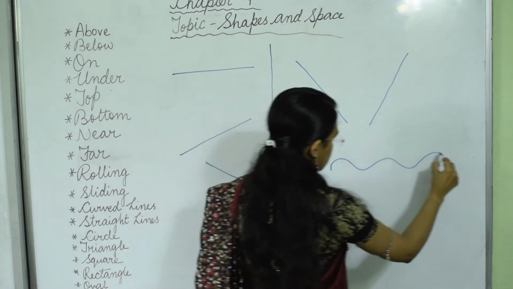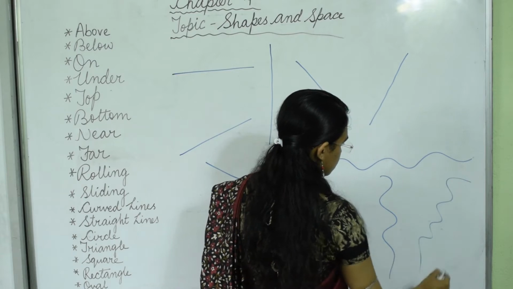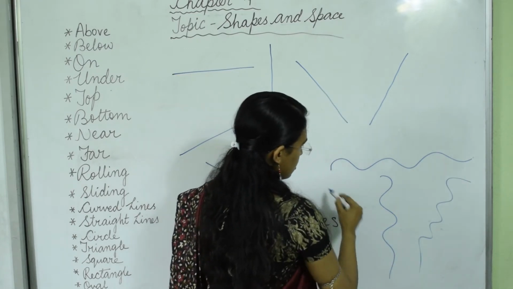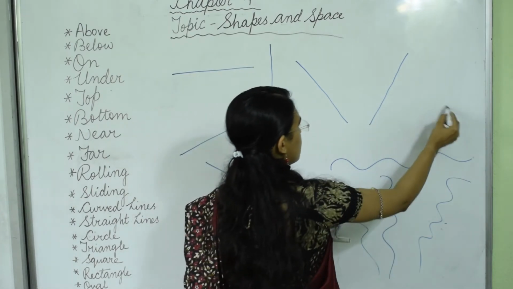These are curve lines like this. Okay, these are curve lines. Which type of line is this? These are curve lines.